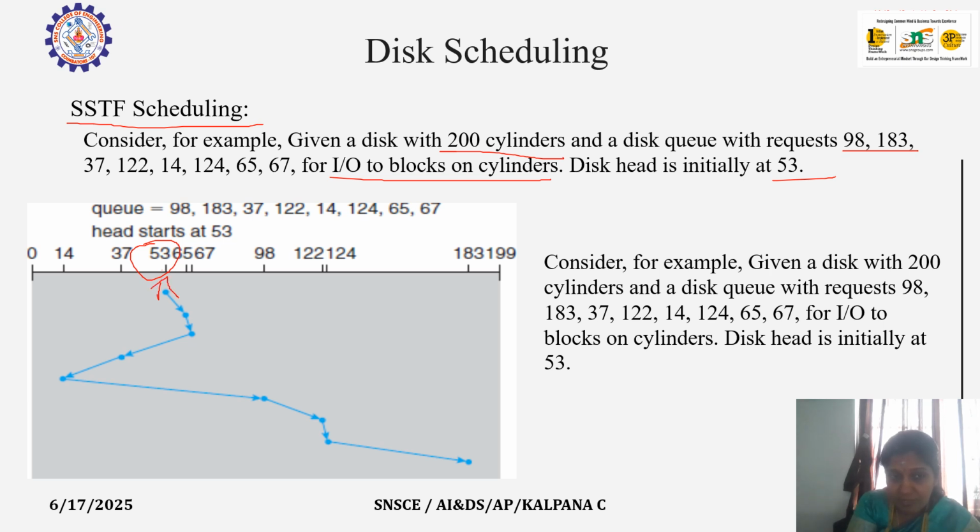Since it is the shortest seek time first algorithm, we need to calculate the shortest seek time. We need to check which request has the shortest seek time, and pick and process that request first.